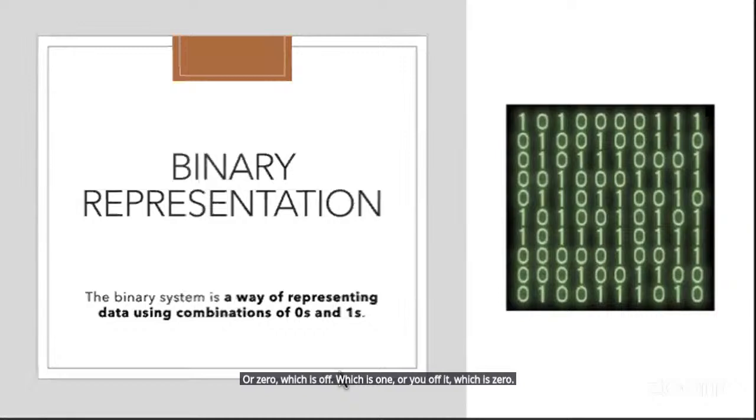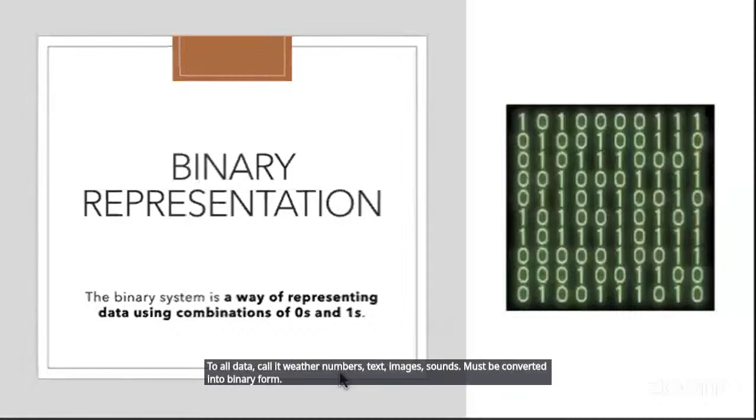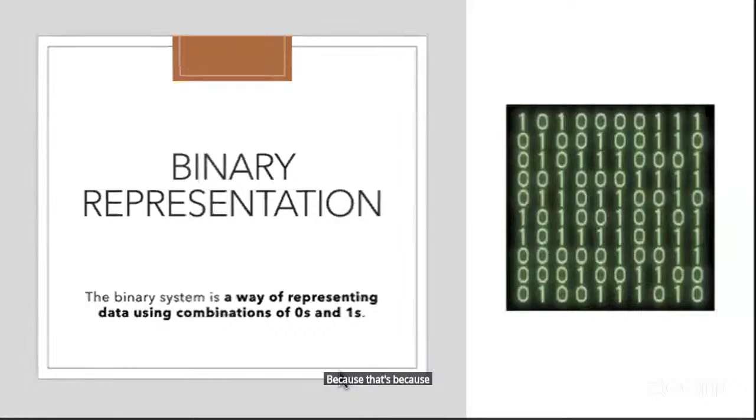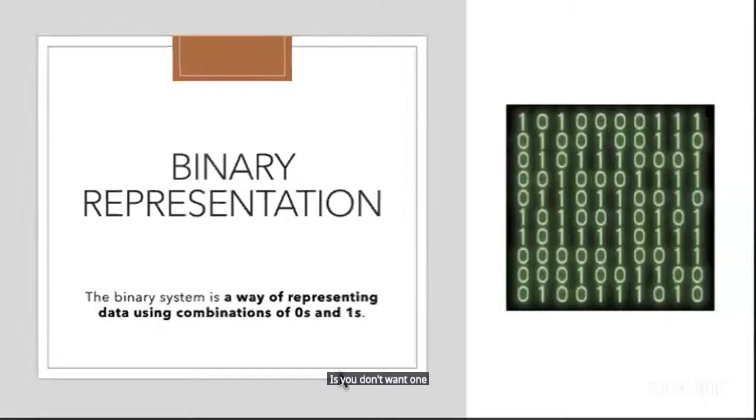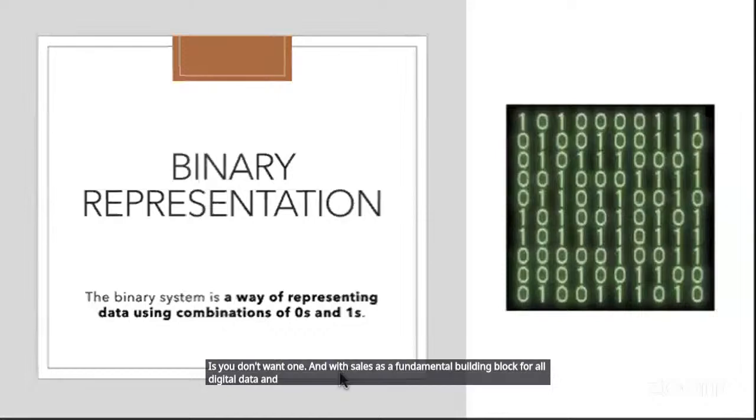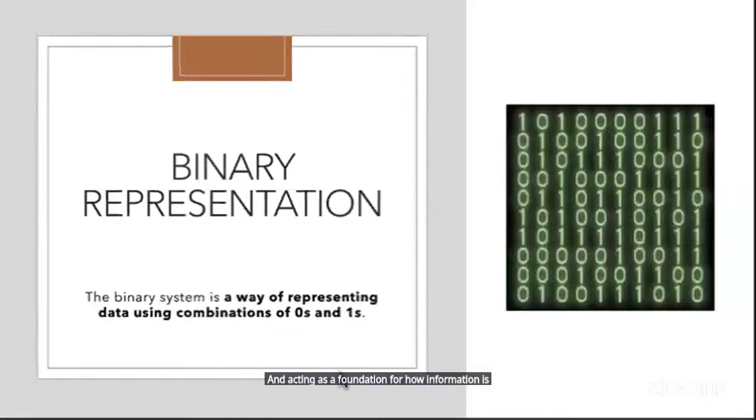So all data, whether numbers, text, images, sounds, must be converted into binary form, because computers operate with electrical signals. So I've said all I can say for now on this: binary representation is the method of representing data using only 2 digits, 0 and 1, which serves as the fundamental building block for all digital data in computers, acting as a foundation for how information is stored and processed within digital systems.